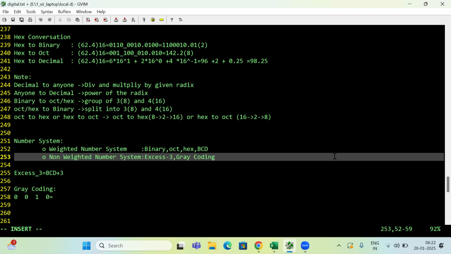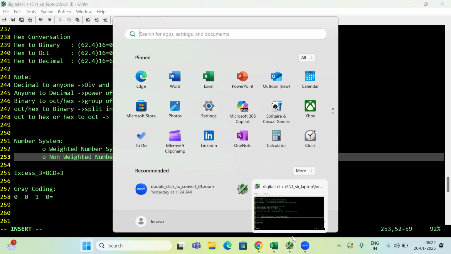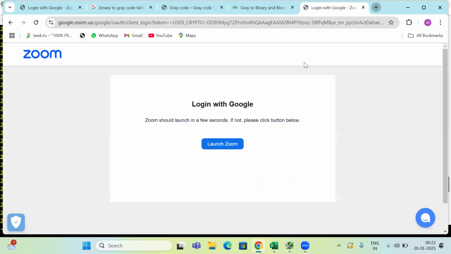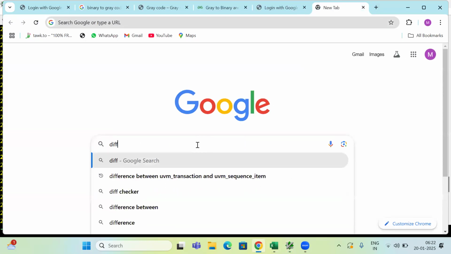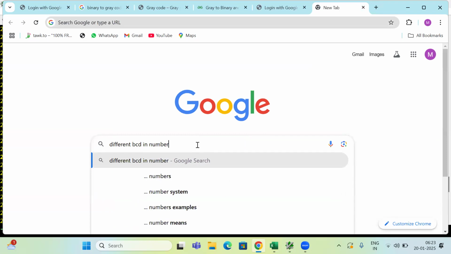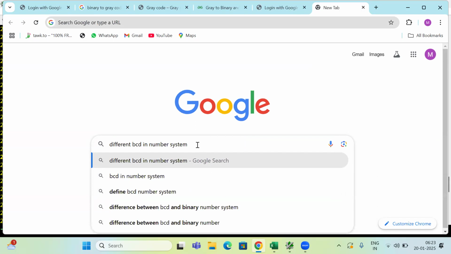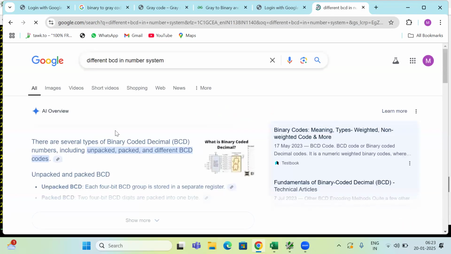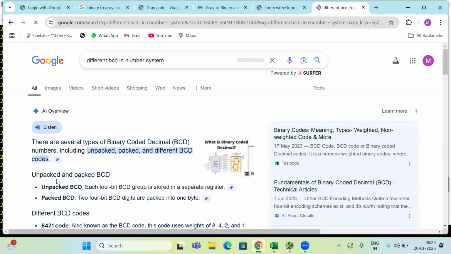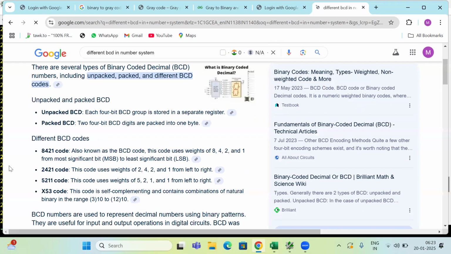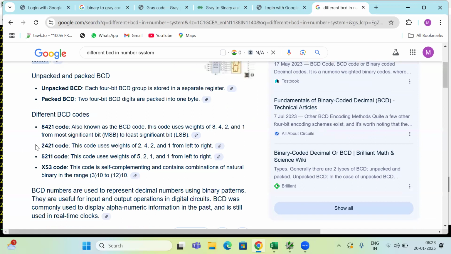Now, just give me 1 minute. Different types of BCD versions we have: 8421, 2421, 5211.